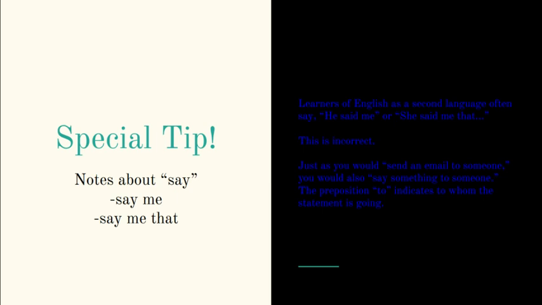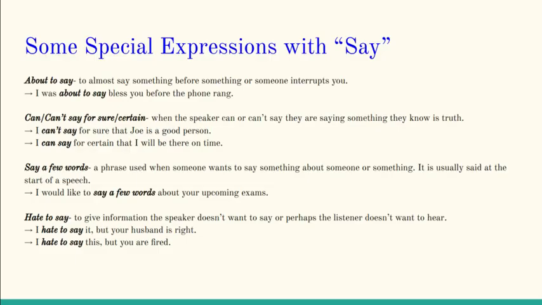And let's go into tell. Well, before we get into tell, let's talk about some special expressions with say. Sometimes you might hear people say, about to say. And that's simply like, to almost say something before something or someone interrupts you. So imagine I was getting ready to tell you about something I wanted to tell you.